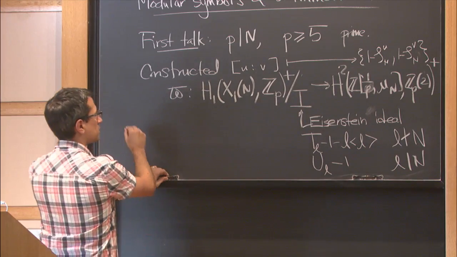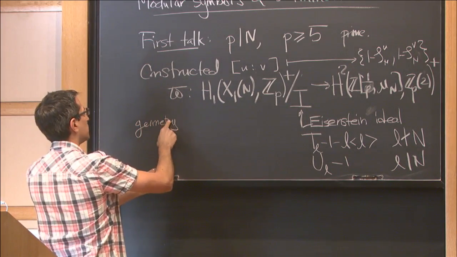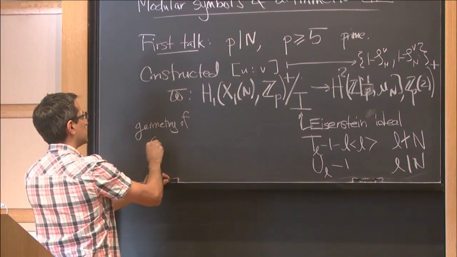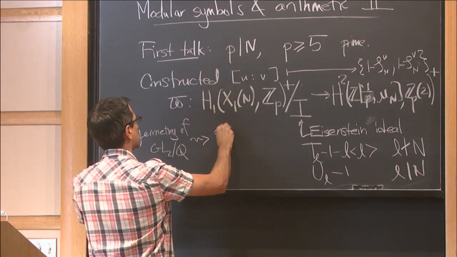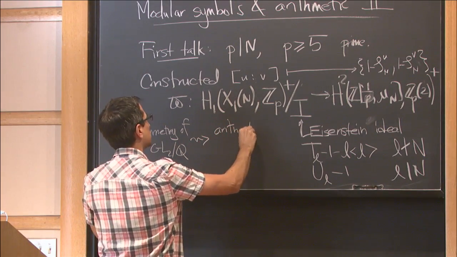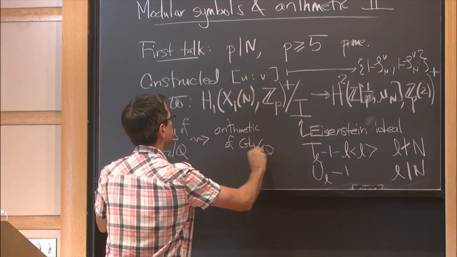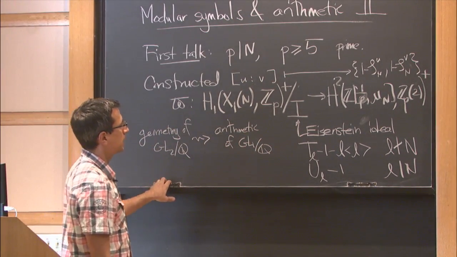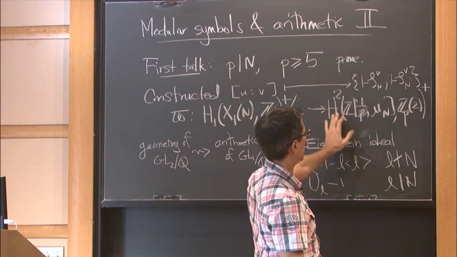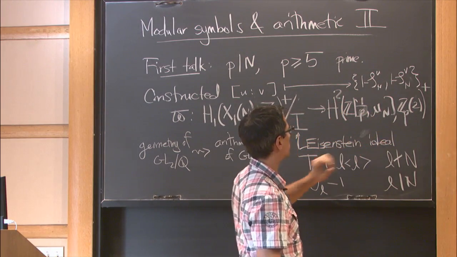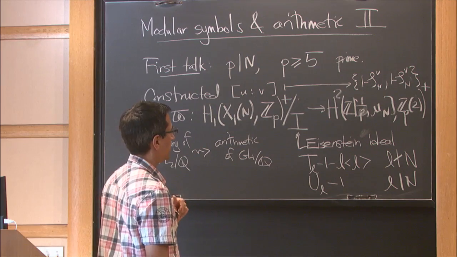And somehow this was part of the philosophy that the geometry of GL2 over Q tells you something about the arithmetic of GL1. Now, in fact, as I explained last time, this thing is closely related to the class group of Q(mu_n), at least mod p.